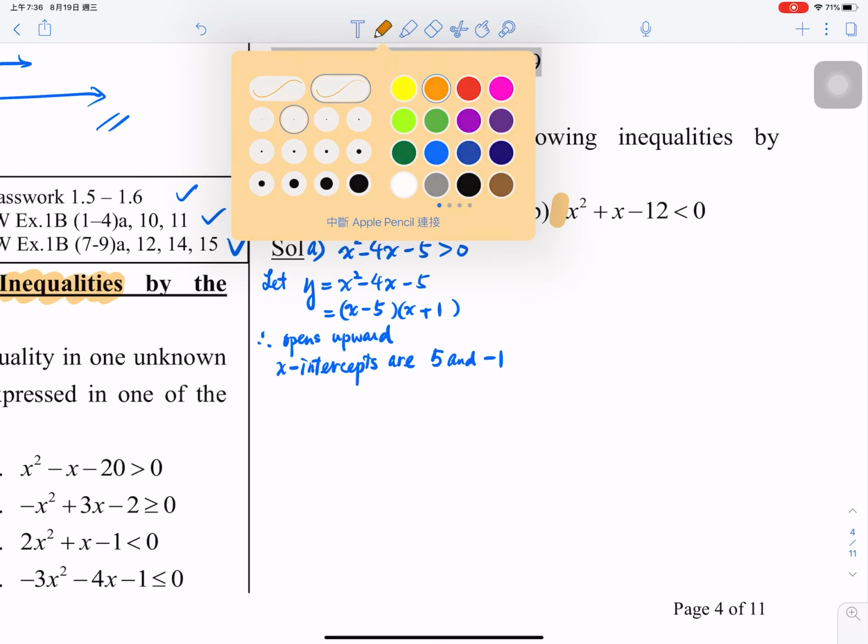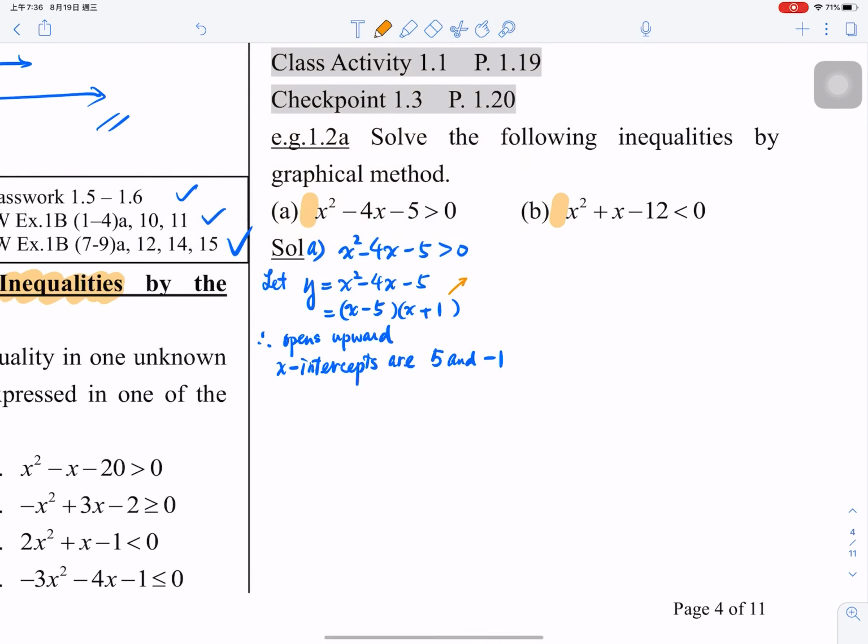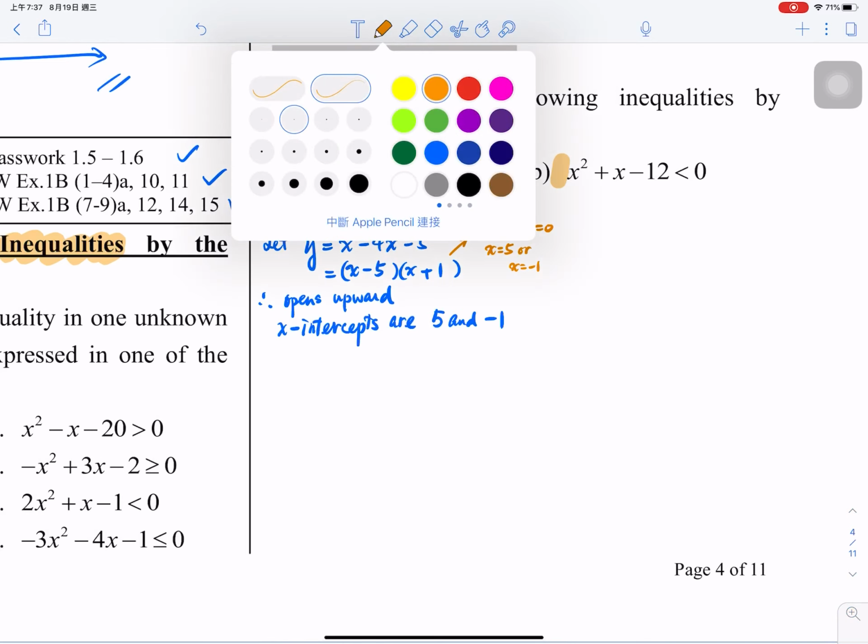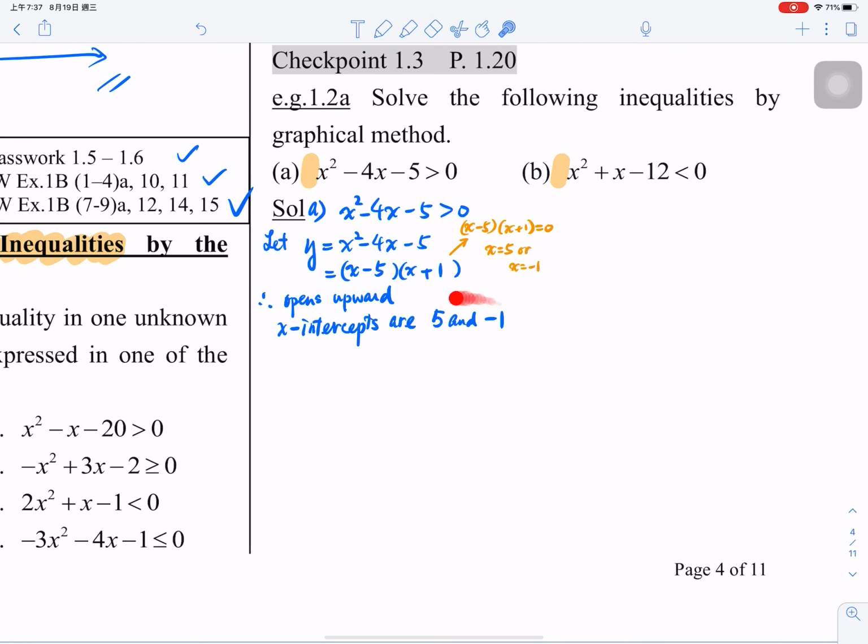You think of it as x minus 5 times x plus 1 equals 0. Then you will see that x equals 5 or x equals -1, right? As a result, the x-intercepts are 5 and -1. That means these 2 points cut the x-axis.